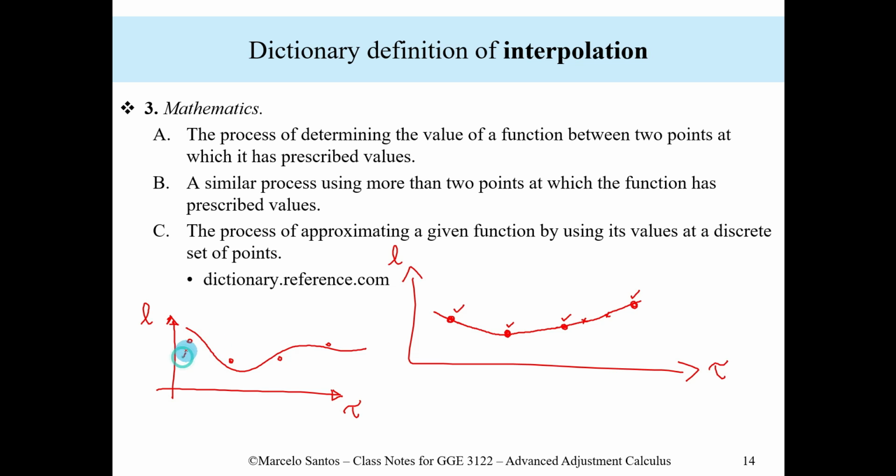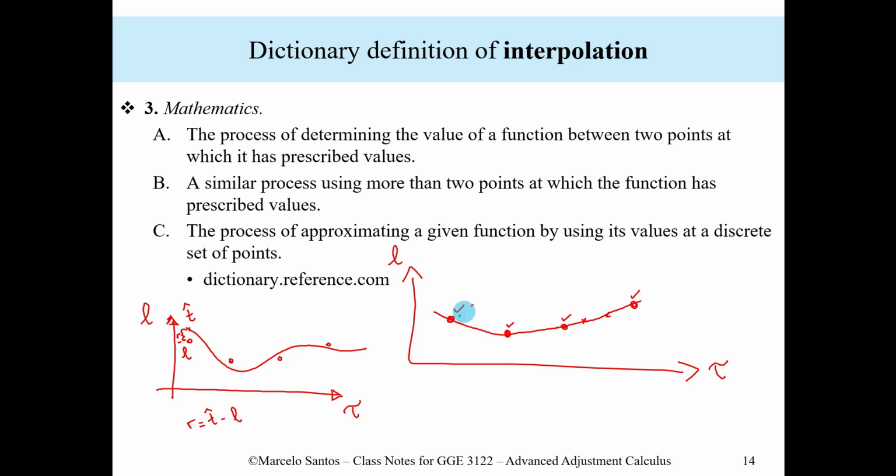So we have the observations, we have the estimated value, and we have a difference that is the residual. We define the residual as t hat minus L. What about interpolation?